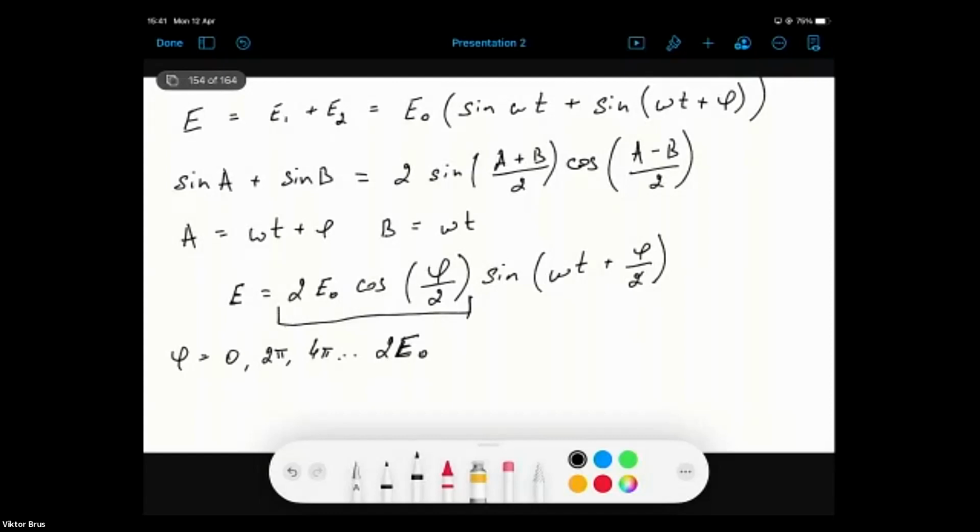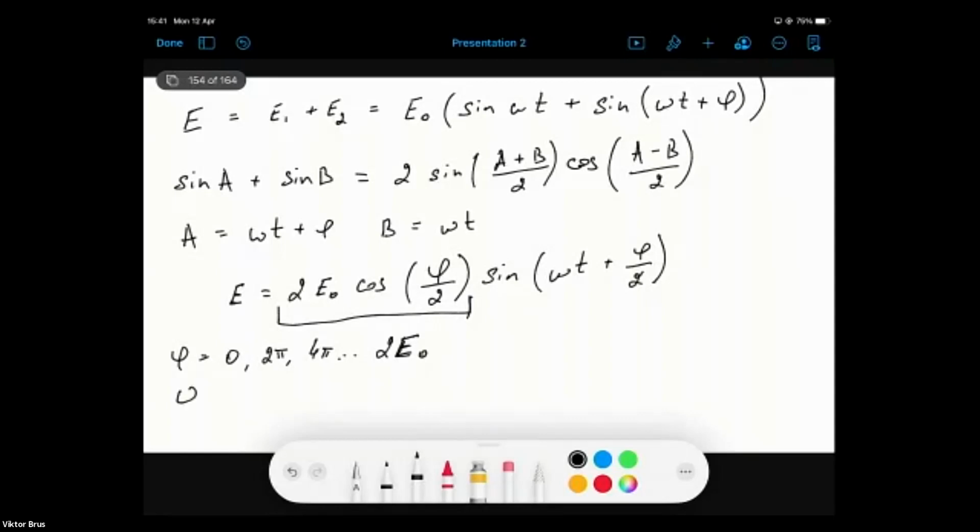So it means that we will just have an in phase condition, constructive interference, and the 2 amplitudes will just add up, and we will get twice higher amplitude of the signal, not intensity.